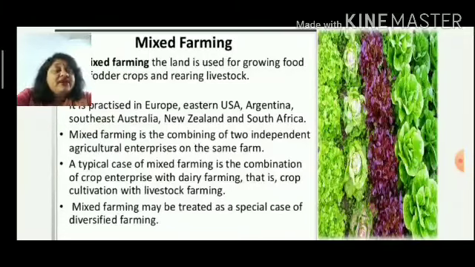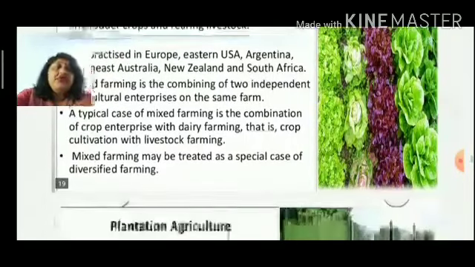Okay, where in the same farm, एक ही फॉर्म में आप दो इंडिपेंडेंट फार्मिंग टेक्नोलॉजीज को मिक्स करते हैं. ओके, अ टिपिकल केस ऑफ मिक्स फार्मिंग इज द कॉम्बिनेशन ऑफ क्रॉप एंटरप्राइज विद डेयरी फार्मिंग. एक ही प्लेस पर, एक ही एरिया पर आप कल्टिवेशन भी कर रहे हैं, एंड ऑन द अनदर हैंड यू आर मेकिंग यूज ऑफ your animals rearing or livestock farming also, right?